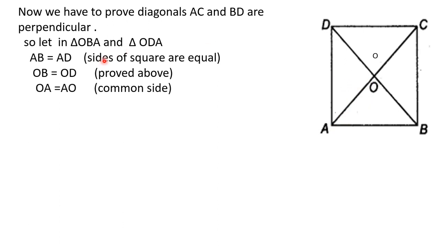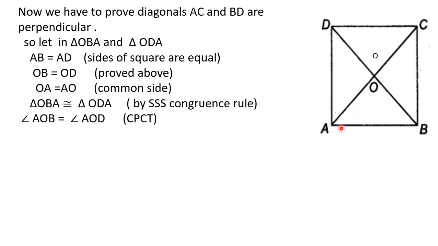So by side side side congruence rule, triangle OBA is congruent to triangle ODA. Then we can write, if the two triangles are congruent, then their corresponding parts are equal. So angle AOB and angle AOD, these two angles are equal.